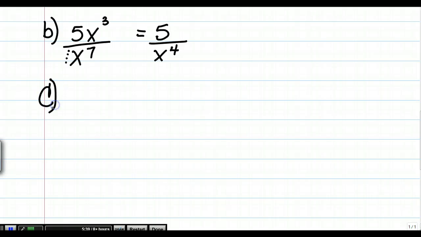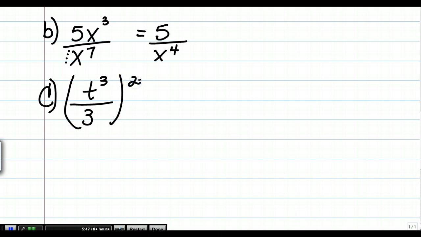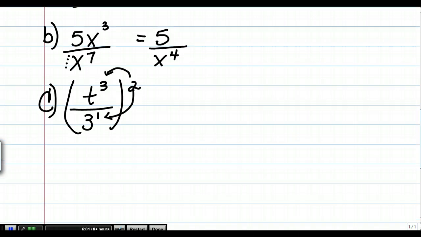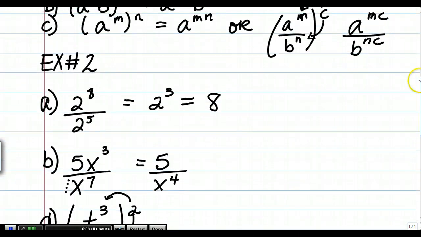Let's make this c. T to the third divided by 3, the whole thing to the power of 2. Here you have a power to a power, except there's a fraction. So remember, with the law, you have to multiply the 3 times the 2 and the 1 times the 2, because you're multiplying your bases. And I'm getting that from right here.